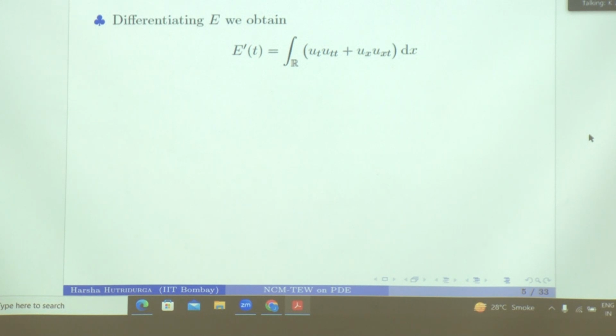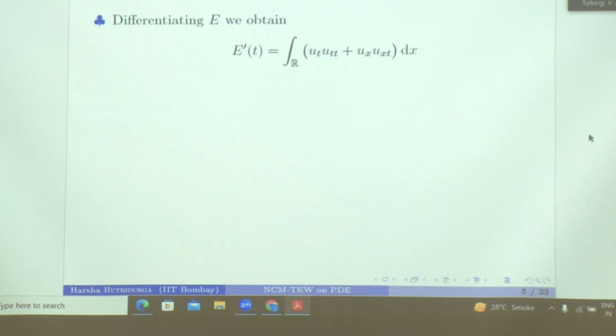And as we know from calculus, whenever we are integrating over the entire real line, we are computing these limits, limit L going to infinity of the integral from minus L to L of some function f of s ds. Whenever this limit exists, we say that the integral over R of f is finite. So this is what is happening here also. We have to write this integral over R as the limit L going to infinity of this, and on minus L to L, you do this integration by parts trick on the closed interval.